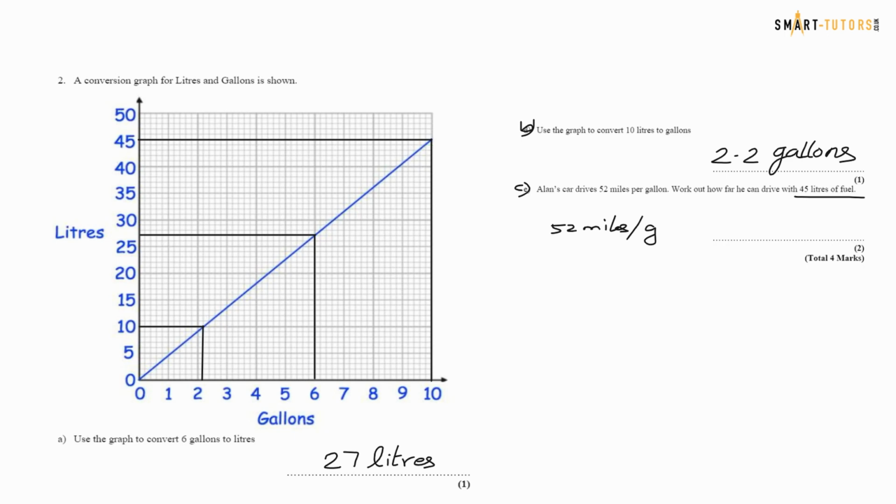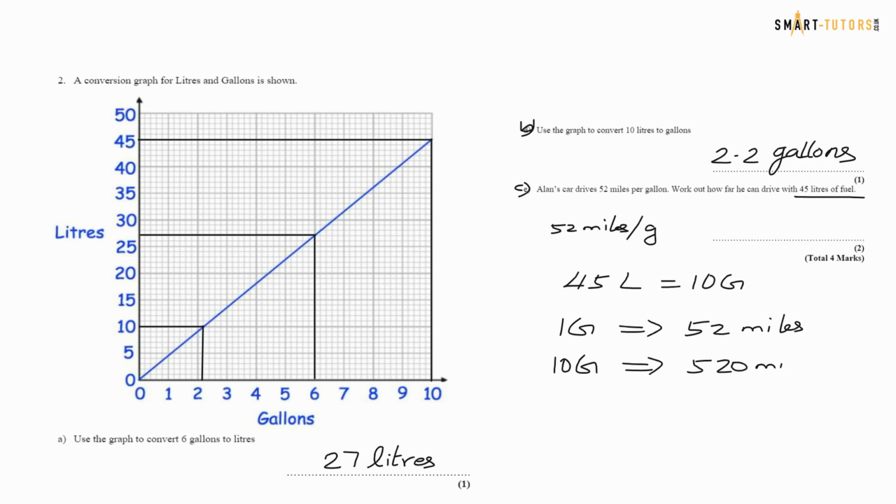So 45 liters equal 10 gallons. In 1 gallon it can go 52 miles, so 10 gallons is going to be 520 miles. That is the answer for question C, 520 miles.